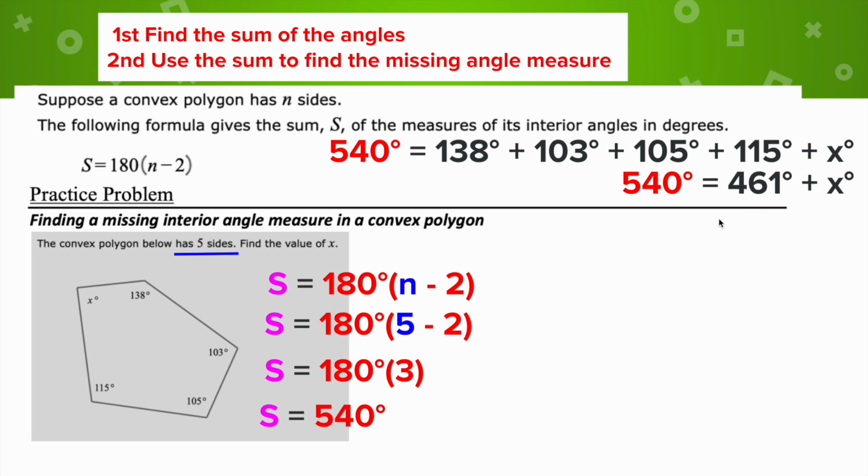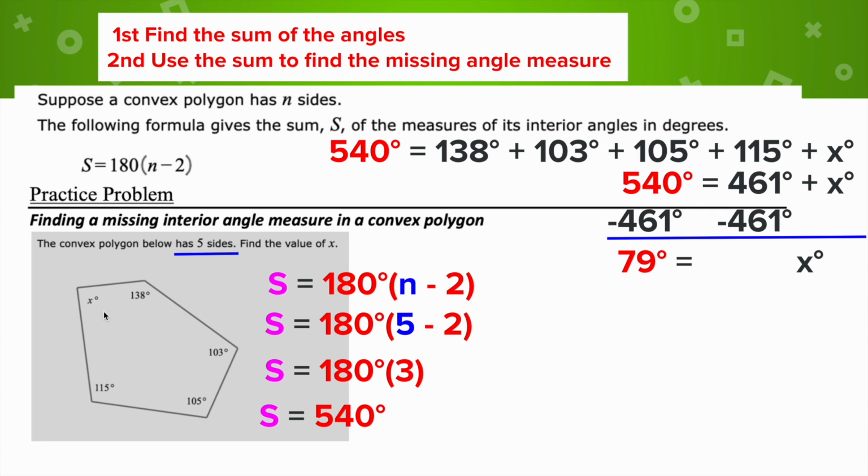Now if I subtract 461 from both sides, that's going to tell me what I have left of the 540 for that angle x. Sorry, I got tongue-tied there a little bit. So I have 79 degrees left over. So angle x has to be 79 degrees.